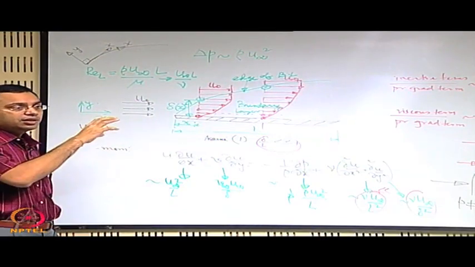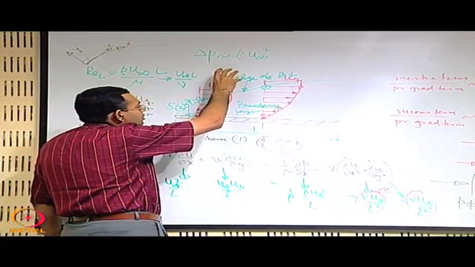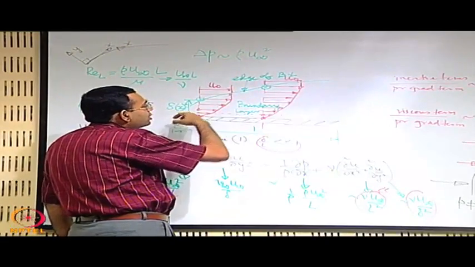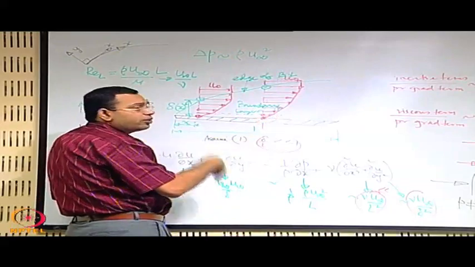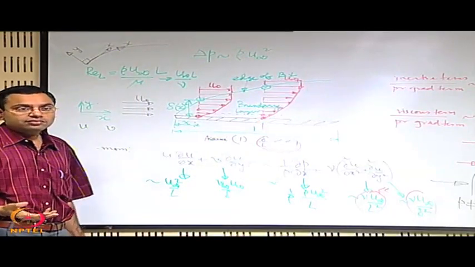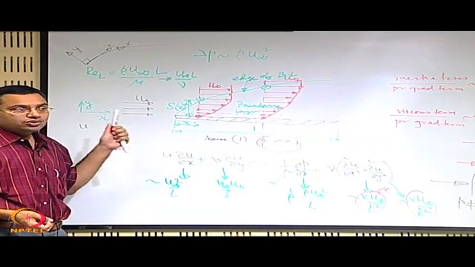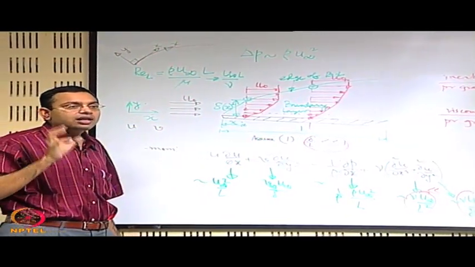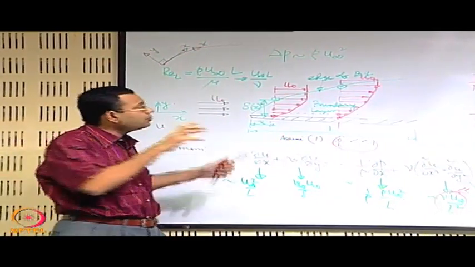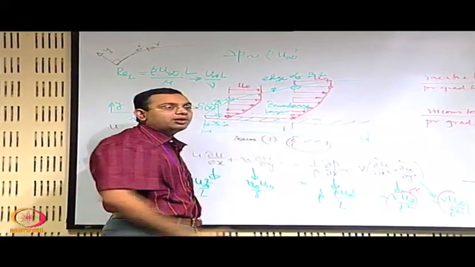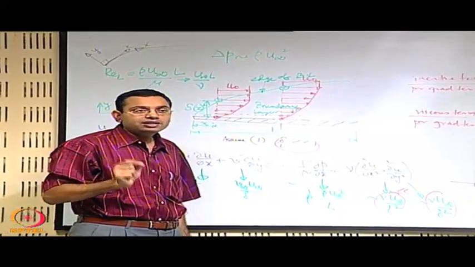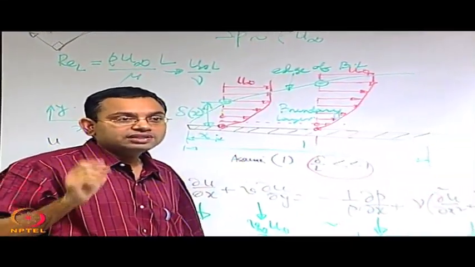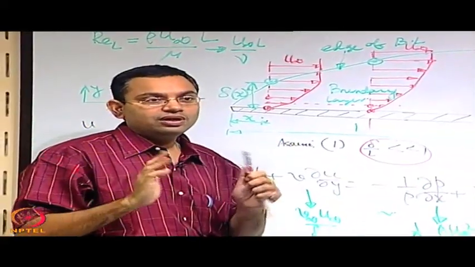So, the outer stream is like an inviscid flow, that means you may use the equations for inviscid flow for the outer stream. So, for the outer stream, by using the equations of inviscid flow, if you find out what is the pressure gradient, the same pressure gradient is imposed on the fluid within the boundary layer, and that means the correct scale of pressure gradient should be rho u infinity square, because that comes from the inviscid flow analogy.